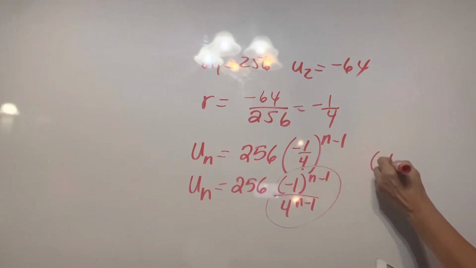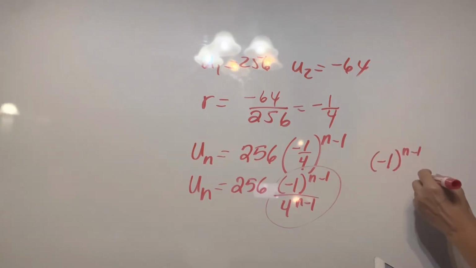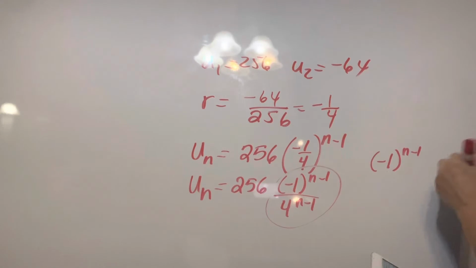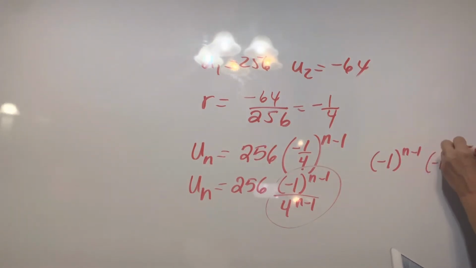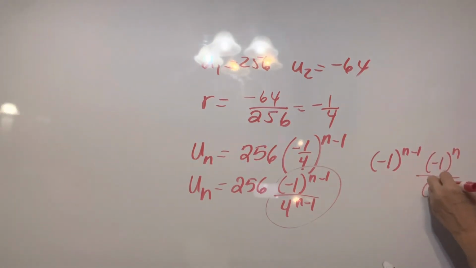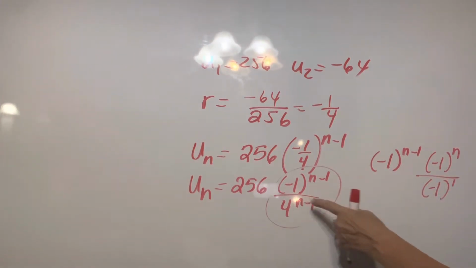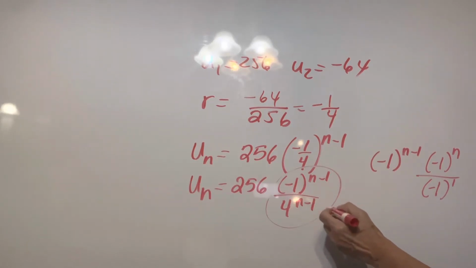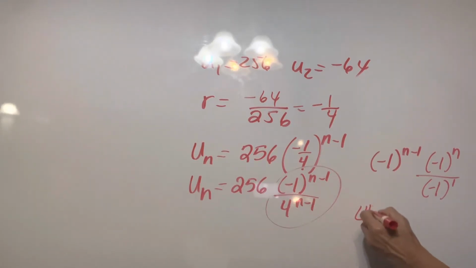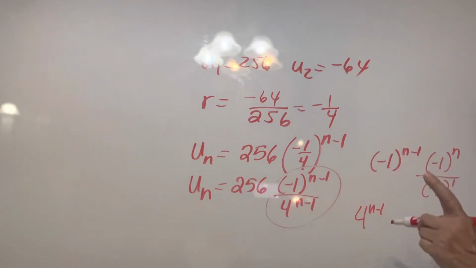So this negative 1 raised to the n minus 1 is the same thing as negative 1 to the n over negative 1 to the first power. And this 4 to the n minus 1 is the same as 4 to the n over 4 to the 1 in the denominator.